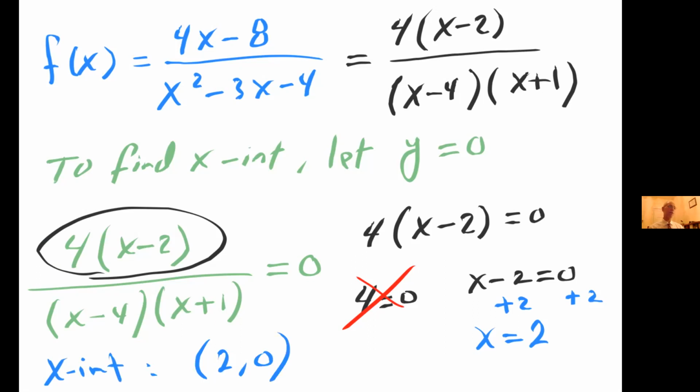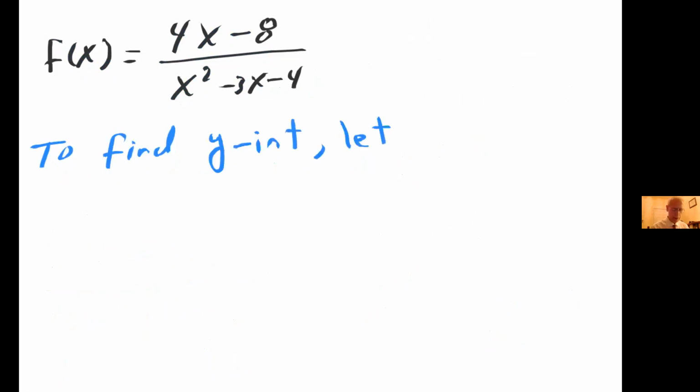Next, we're going to find the y-intercept. Again, we're starting with f of x equal 4x minus 8 over x squared minus 3x minus 4. To find the y-intercept, let x equal 0.